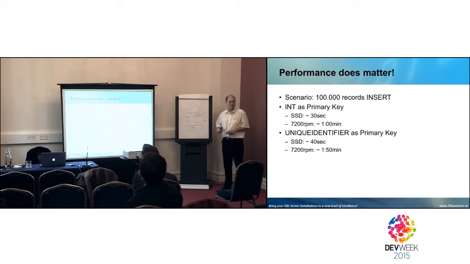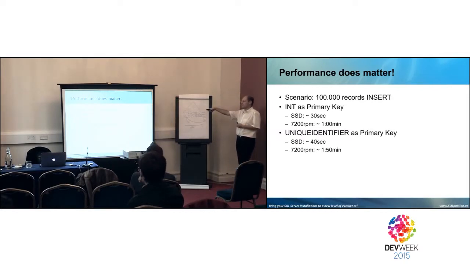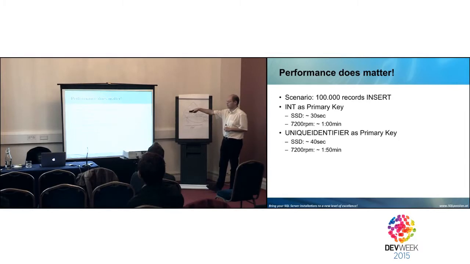Performance. Page splits are costing you performance. These are just additional CPU instructions, CPU cycles that SQL Server needs. Very simple. Create a table with an int identity column as a primary key, try to insert 100,000 records on a traditional rotational storage. It took me around 1 minute.